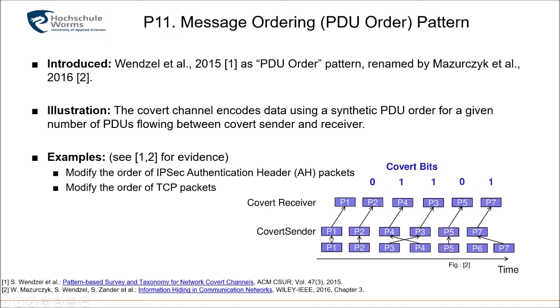And the covert sender sends the packets in a different order. If they are in order, then this is representing another hidden symbol as if they were sent out of order. Some examples are to modify the order of IPsec authentication header packets, or simply the order of TCP segments.